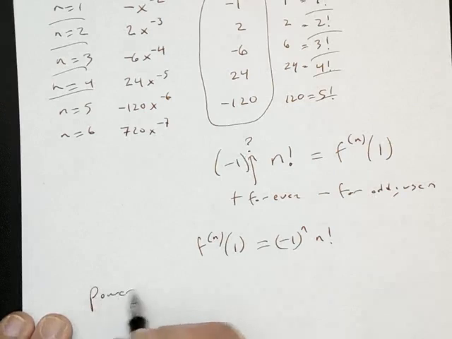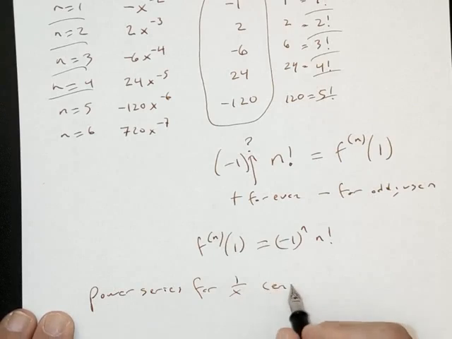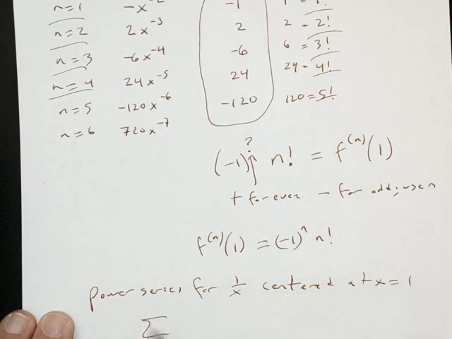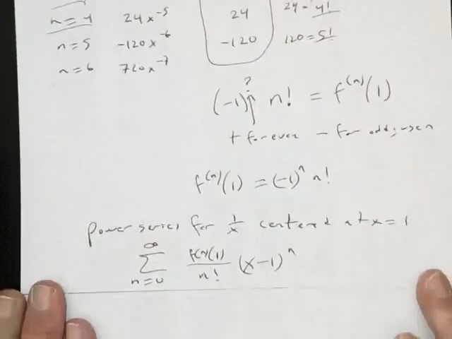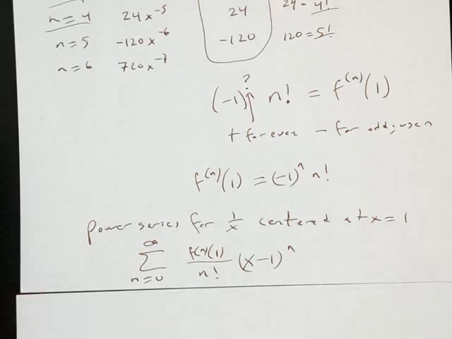Now, power series for 1 over x centered at x equals 1. It's going to look like this: f nth derivative of 1 over n factorial, x minus 1 to the n. Hey, wait a minute.